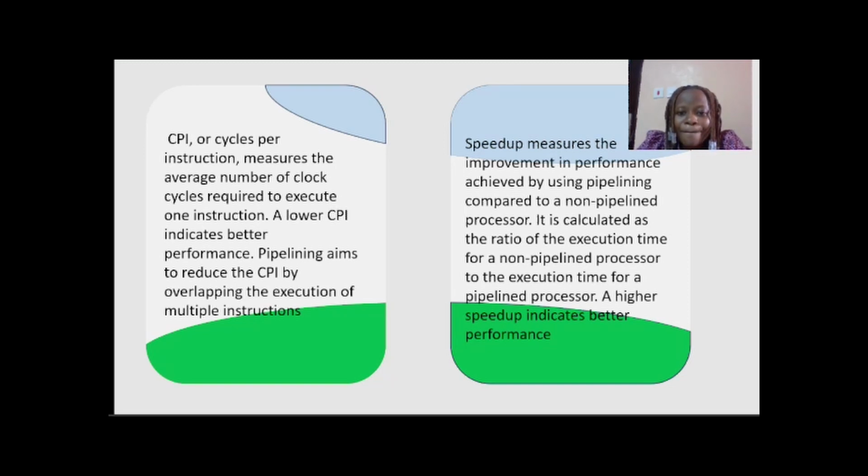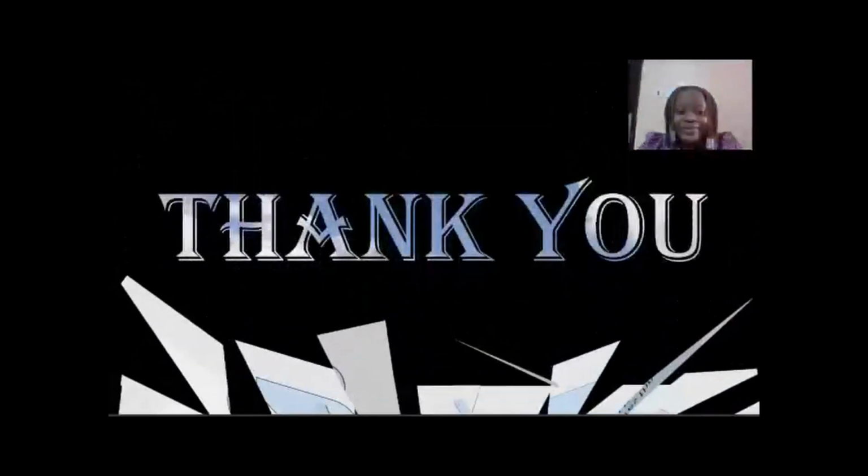Speedup measures the improvement in performance achieved by using a pipeline compared to a non-pipeline processor. It is calculated as the ratio of the execution time for a non-pipeline processor to the execution time for a pipeline processor. A higher speedup indicates better performance. Thank you.